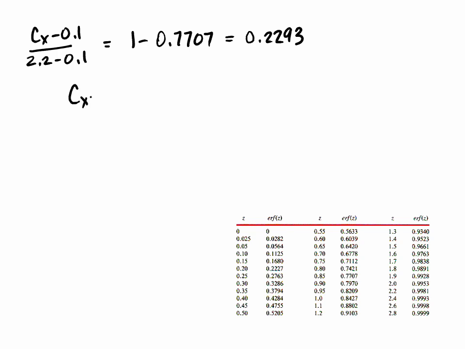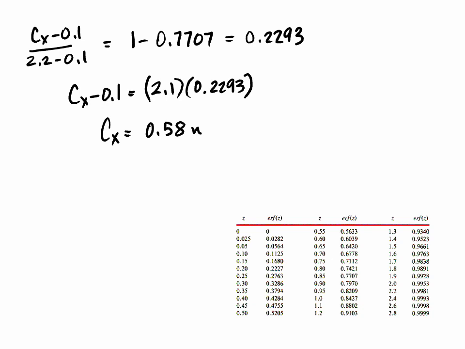So c sub x minus 0.1 would be equal to 2.1 times 0.2293. And if I move this 0.1 to the other side of the equation, I can add those two, and c sub x in this case is equal to 0.58 weight percent carbon.